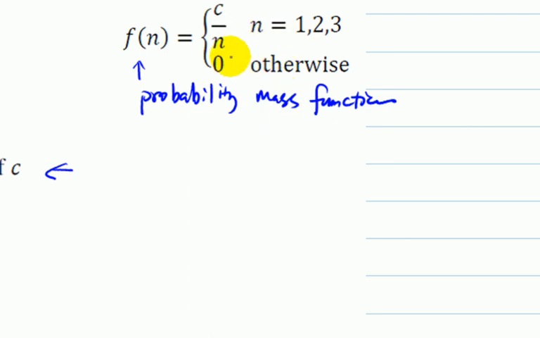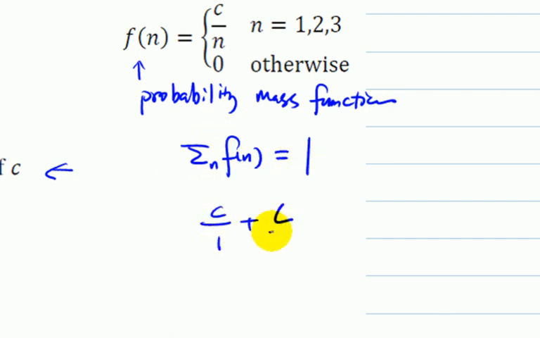For any discrete probability function, the summation over all the different values of n should be equal to 1. Otherwise we would not call it a probability mass function. Using this function, you'll be able to calculate the value of c.